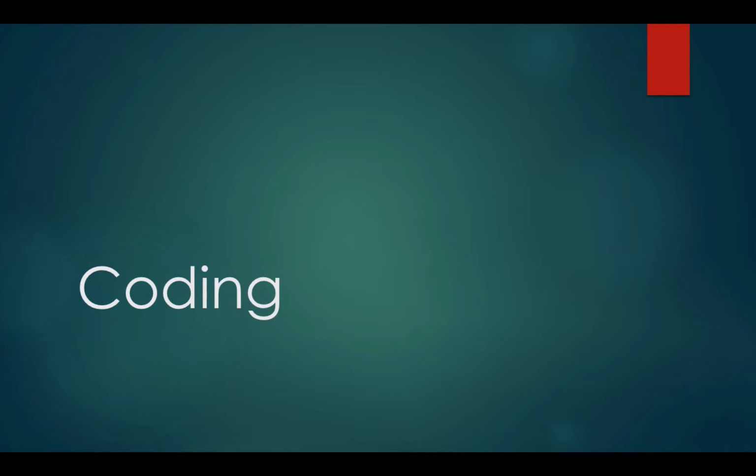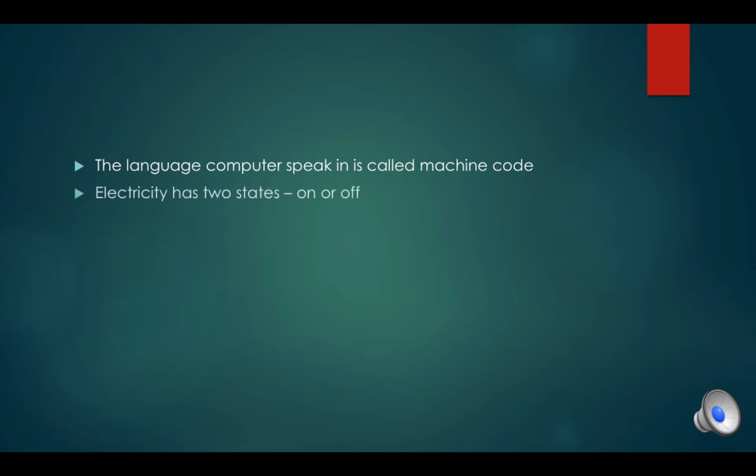So what is coding? Coding is using a language to communicate to a computer to give it a specific set of instructions to follow through. Computers speak in a language called machine code, and this is because they only really understand two states.